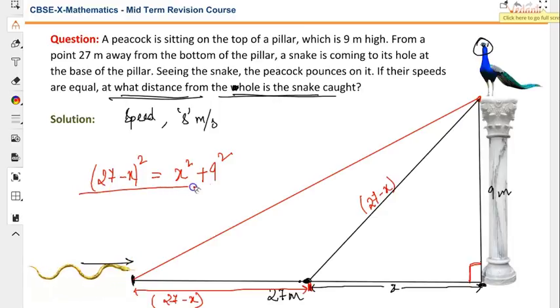Now you will get a quadratic equation here. You can easily solve it. You will also get one more solution from here, but that's not real. It's very simple to solve, so you can solve it and send it to me.